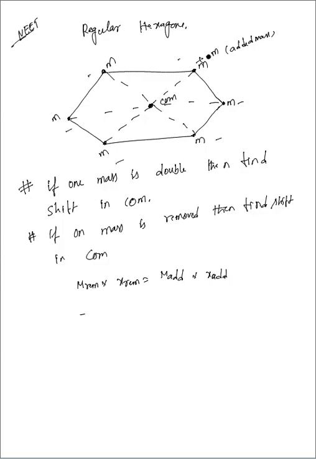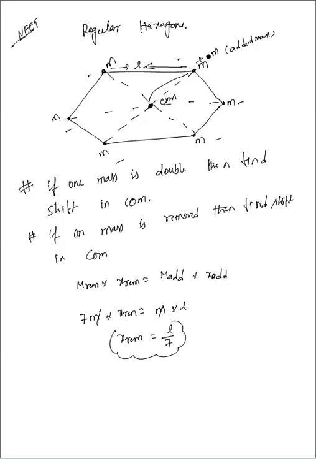So M remaining directly we can write 7m into x remaining is equal to m added, which is m, into the distance from the center of mass. It is added at a distance of a, let me take the side length. In the question they gave L, so a distance of L. Therefore x remaining: m will get cancelled, L by 7 we got here.